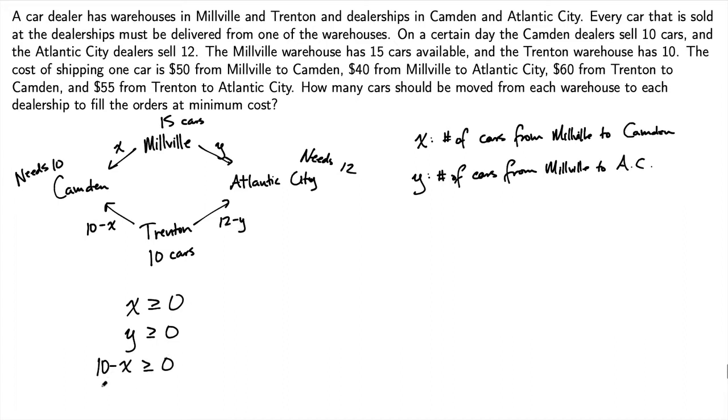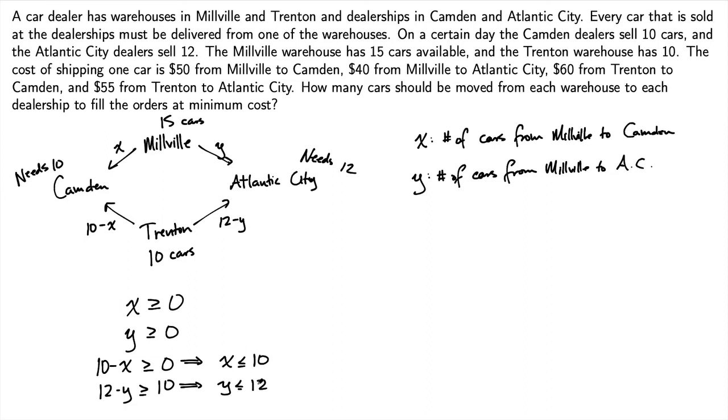And 12 minus y has to be greater than or equal to 0. And taking each of these, we can actually get x and y by themselves. So this one tells us that x has to be less than or equal to 10. And this one tells us that y has to be less than or equal to 12. All right, so we've got just some basic restrictions on what x and y can be.